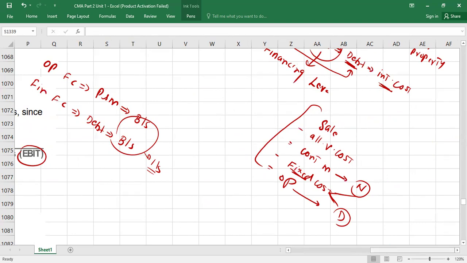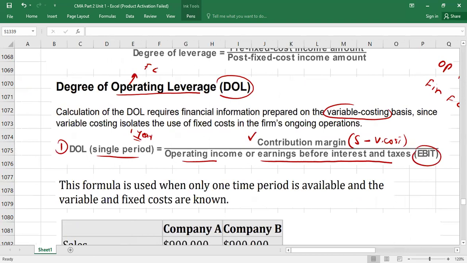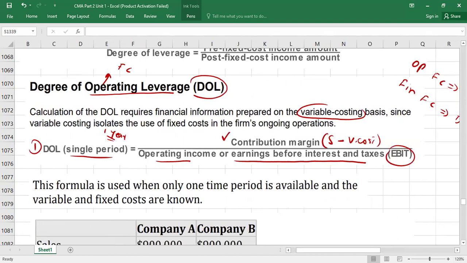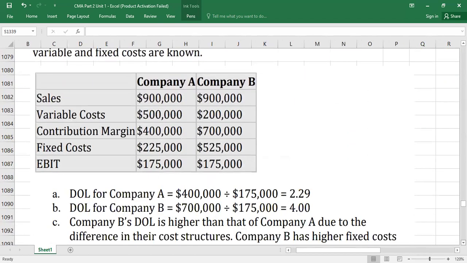So here we go, let me tell you. The numerator is contribution margin, and the denominator is earnings before interest and tax. For example, we have two companies, company A and company B, and the income statement is available using variable costing. Sales for company A is 900,000, for company B also 900,000.